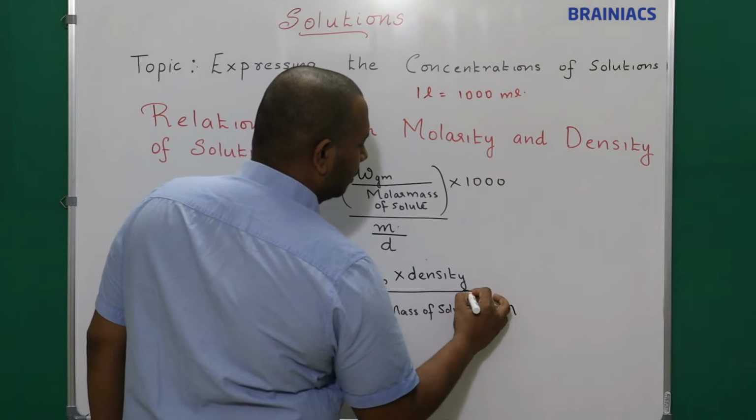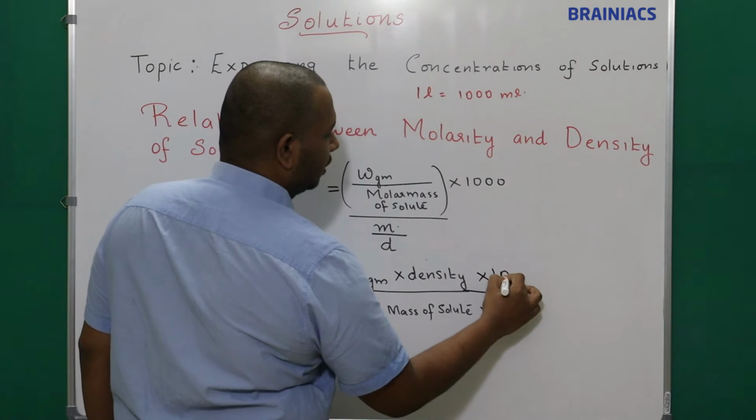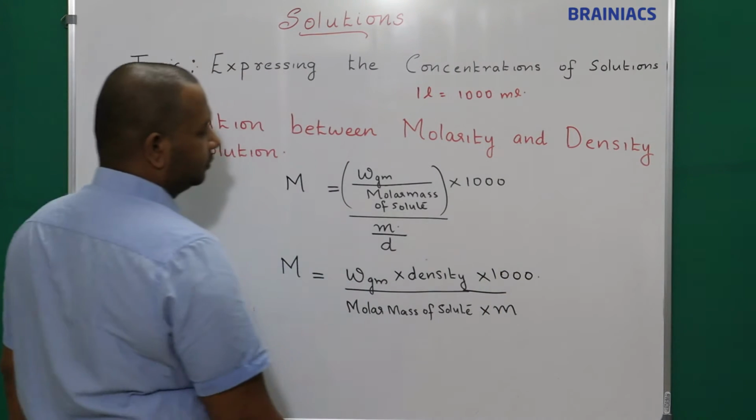Small m is mass of the solution, numerator multiplied by 1000.